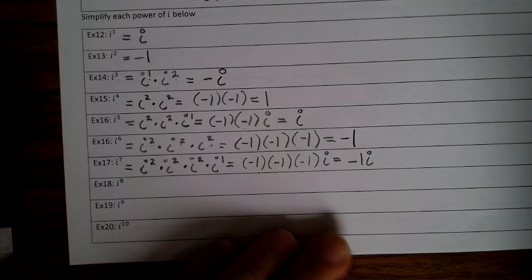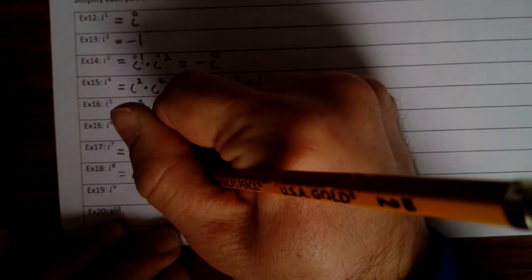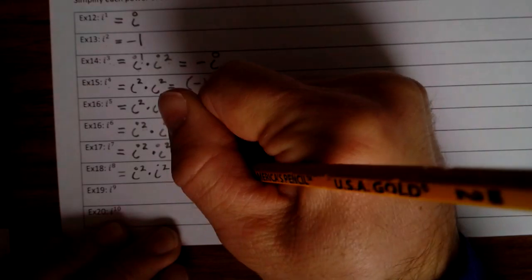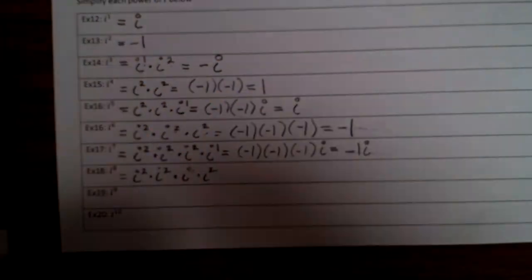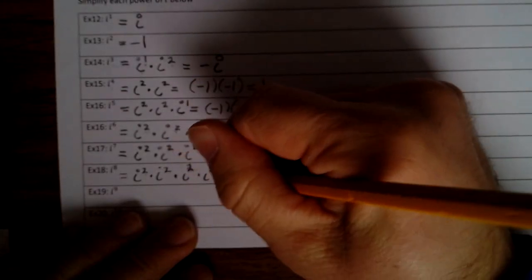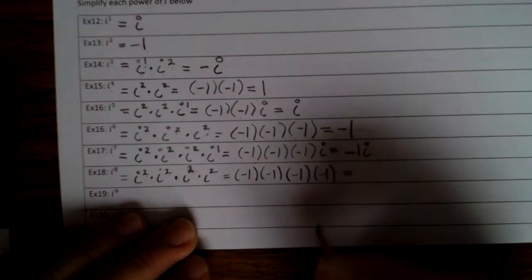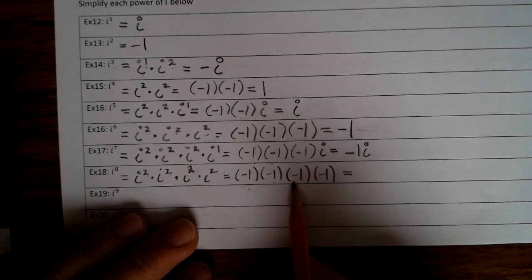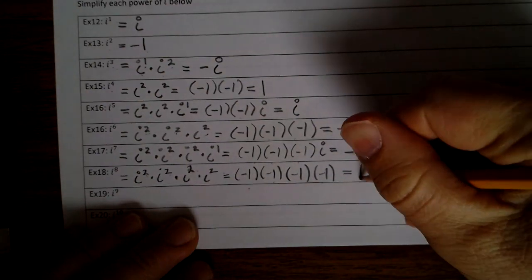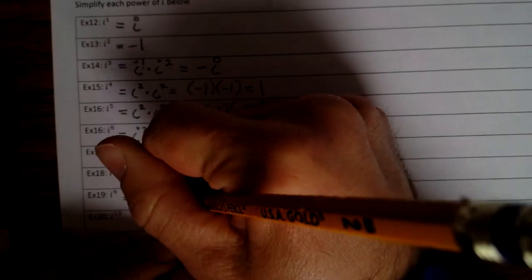All right, example 18. That can be written as i squared times i squared times i squared times i squared. So 2, 4, 6, 8. So that's -1 times -1 times -1 times -1. -1 times -1 is +1 times -1 is -1 times -1 is +1. i to the 9th power can be written as i squared times i squared times i squared times i squared.